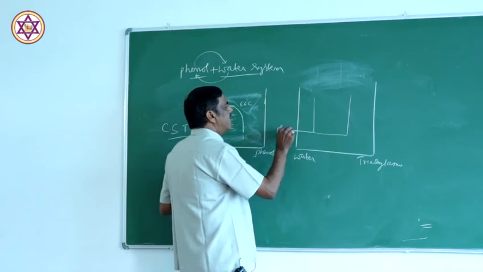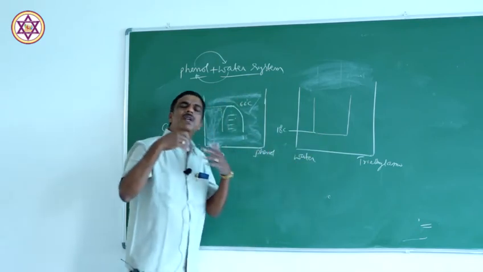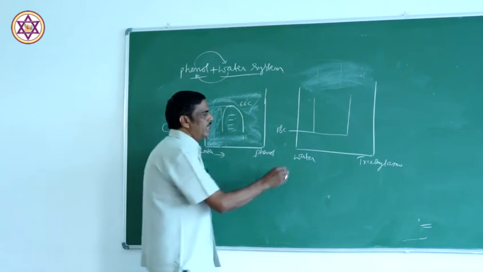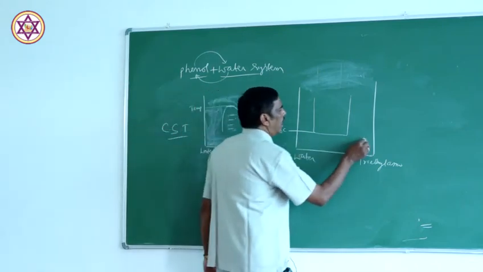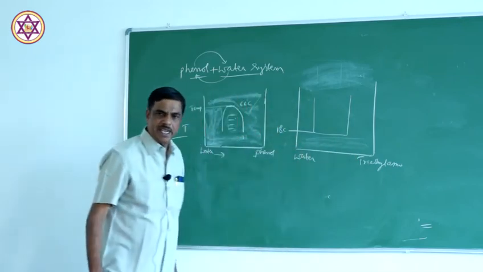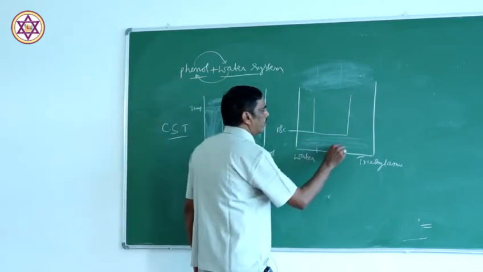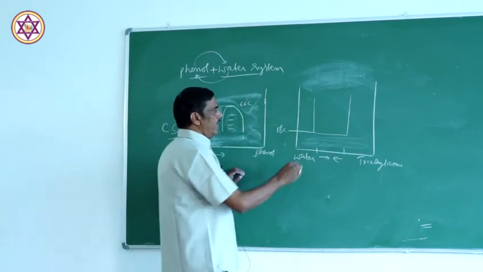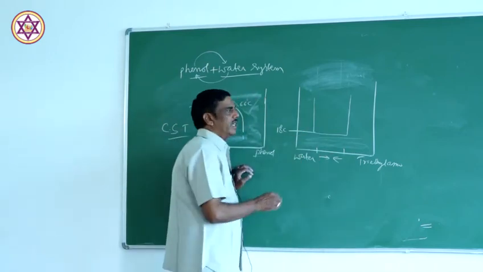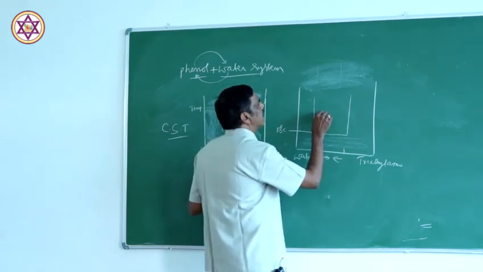At 18 degrees centigrade and below, they are completely soluble. Therefore, these two are partially miscible liquids. They are highly soluble below 18 degrees centigrade, and within this composition, when the temperature is above 18 degrees, it is partially miscible.